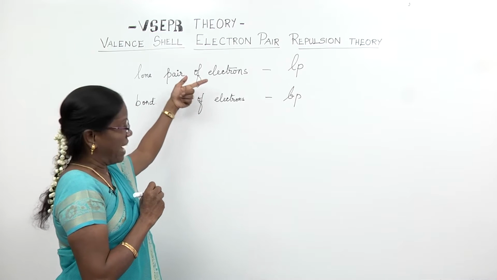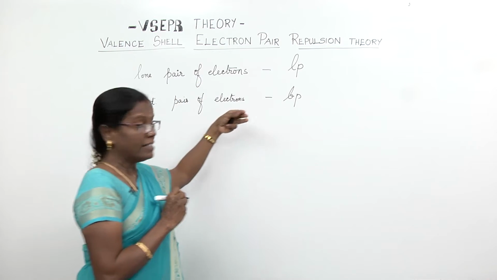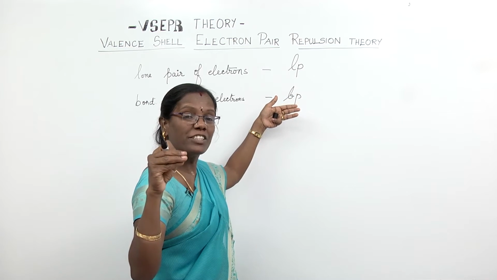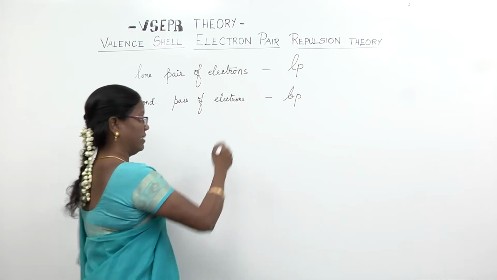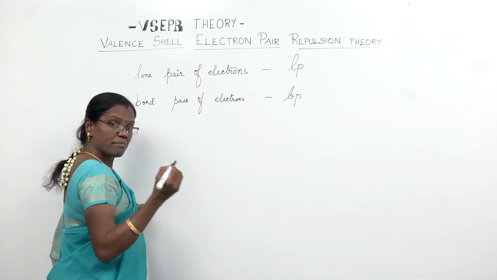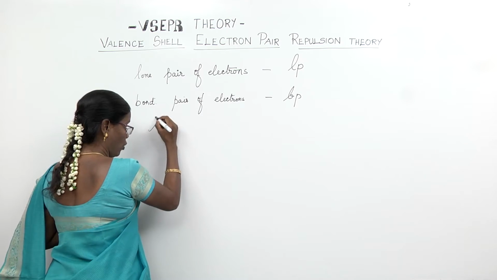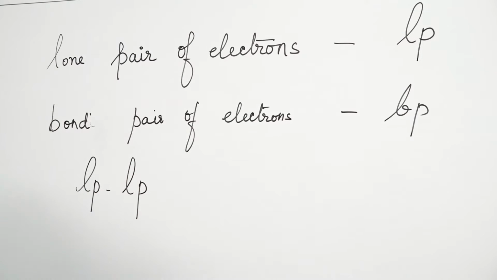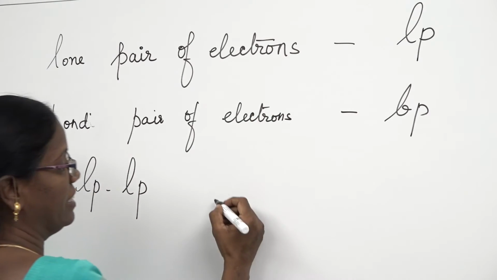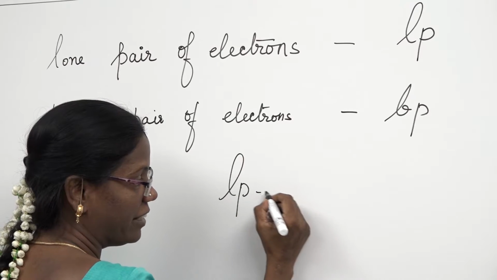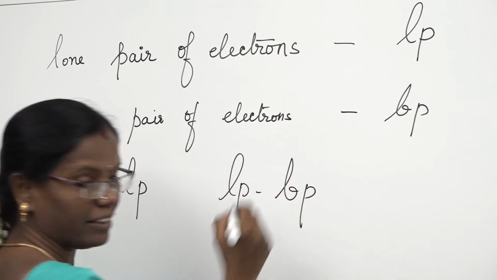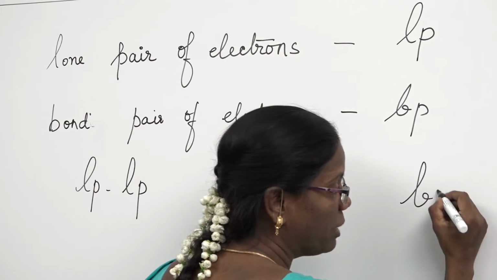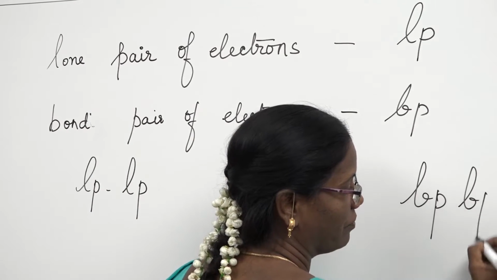These pairs of electrons exert some repulsive force, and the repulsive force may be between lone pair and lone pair, or between lone pair and bonding pair, or between bonding pair and bonding pair.